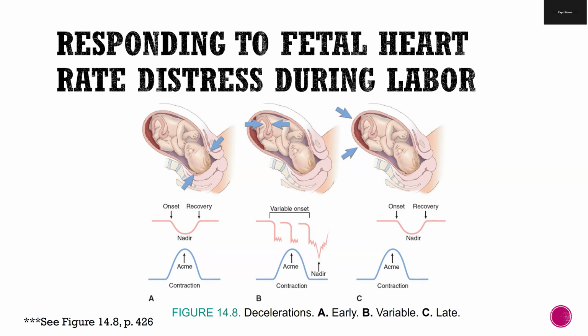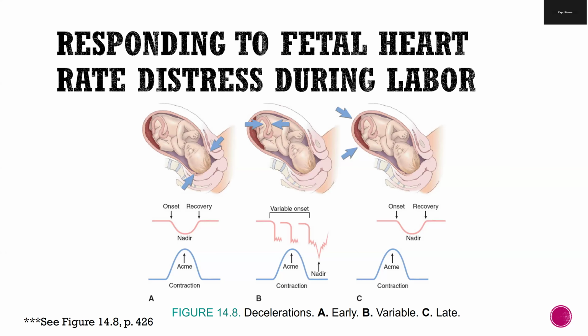However, your figure 14.8 on page 426 just shows you the fetal monitor strips. So I left this in here showing you where A for early decelerations shows you that head compression is occurring.